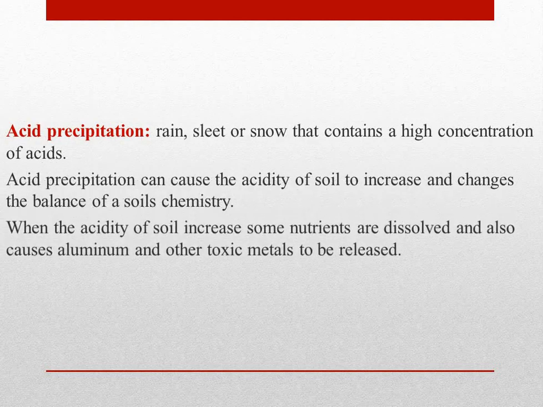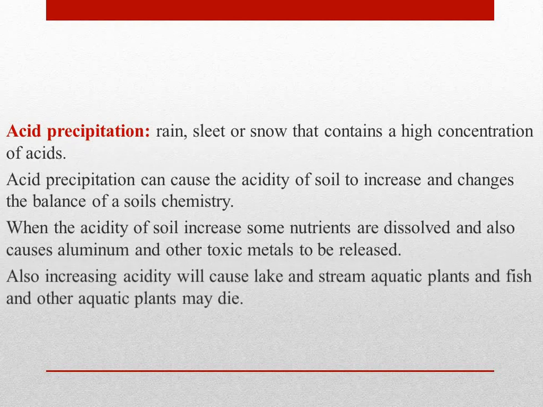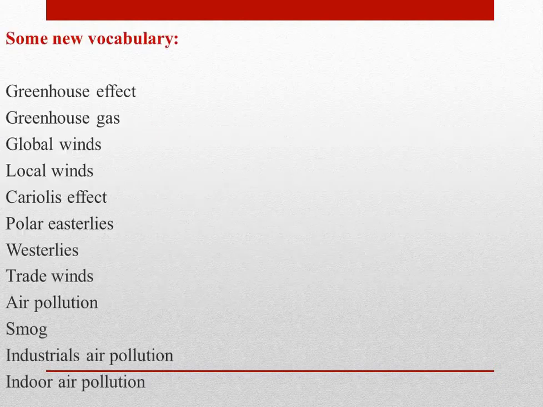When the acidity of soil increases, some nutrients are dissolved and aluminium and other toxic metals are released. Also, increasing acidity will cause lakes and streams, aquatic plants, fish and other aquatic life to die, or they may die.